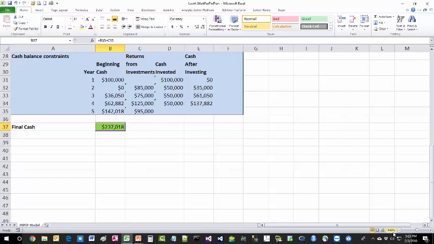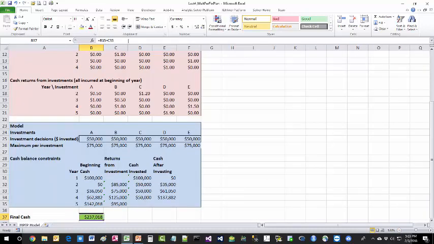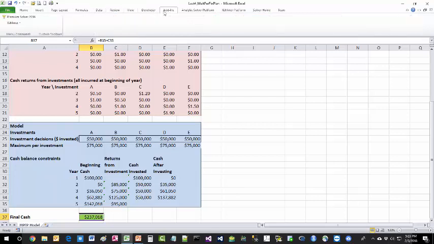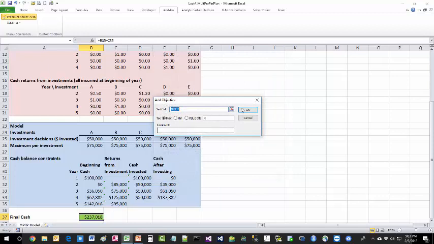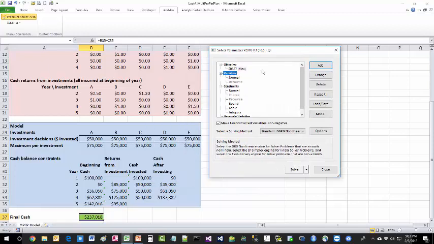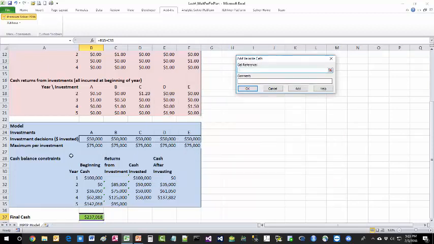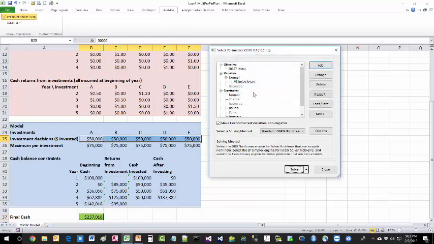Okay, again, I'm going to zoom in as I generally do at this point a little bit. So add in solver, maximize this cash flow by changing the investment decision cells right here, while keeping the minimum cash balancing requirement, which is just these guys being positive.